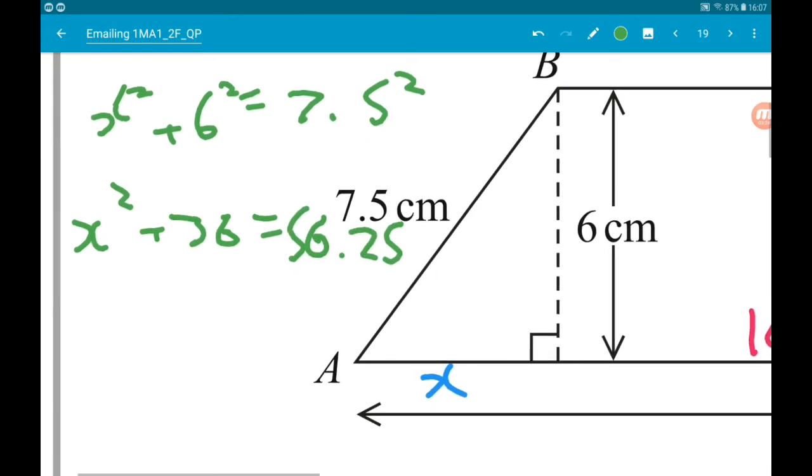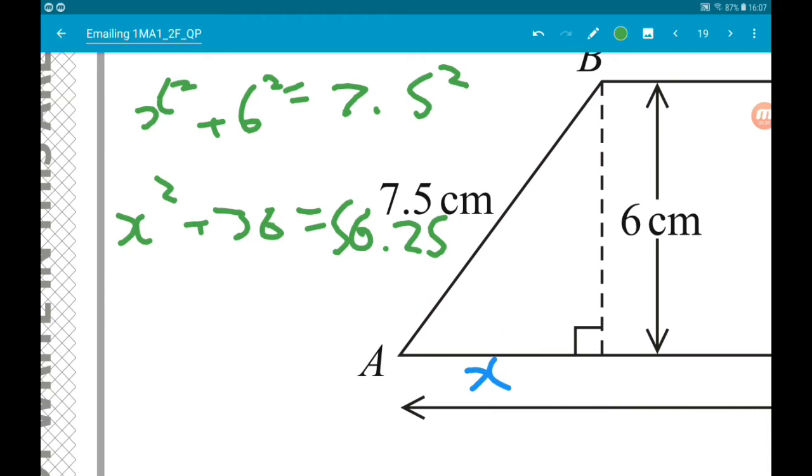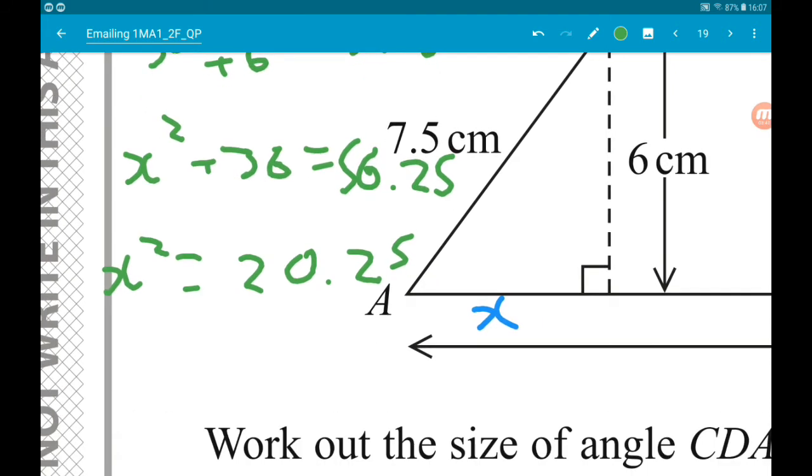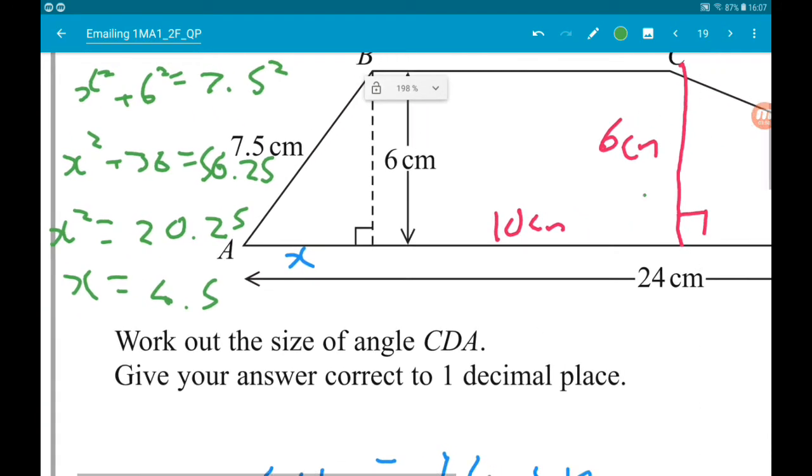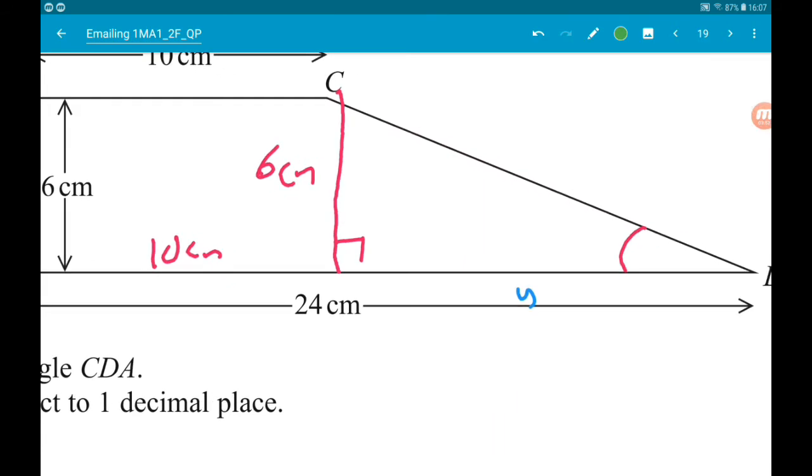So if we take away the 36, x squared is 20.25. And then if we square root, we get x is 4.5. Now that we know that, we can work out the size of y.